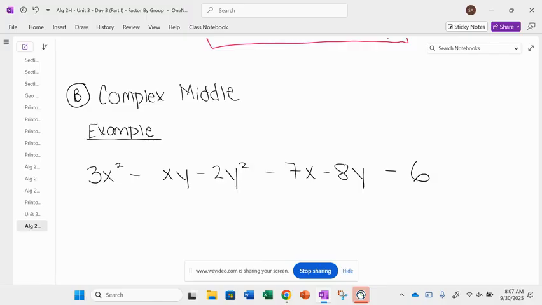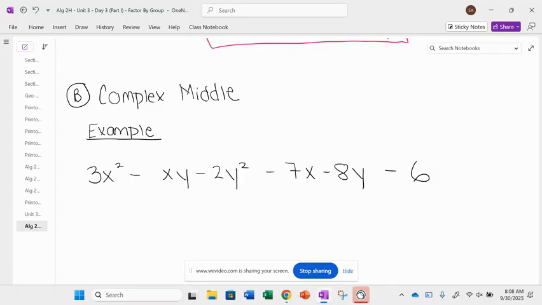My only option for 6 terms is a complex middle or a 3 by 3 dots. In this scenario, I know it's not going to be the 3 by 3 because I have a 3x squared. There's no way that will ever factor into some quantity squared, right? There's nothing times itself that will give me a 3x squared. So I know this isn't going to be the 3 by 3 groupings. So this is a complex middle.